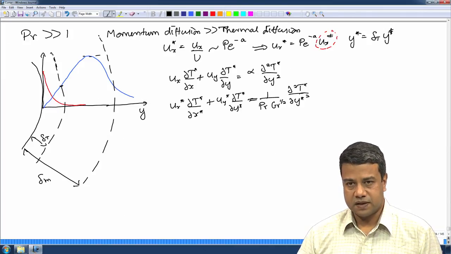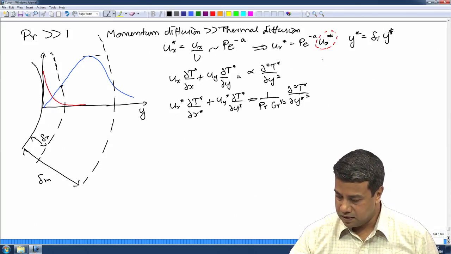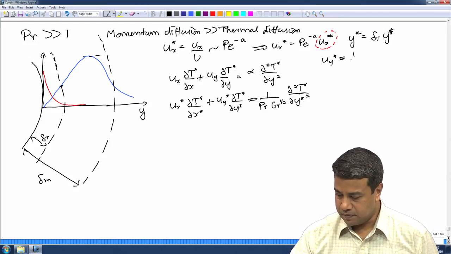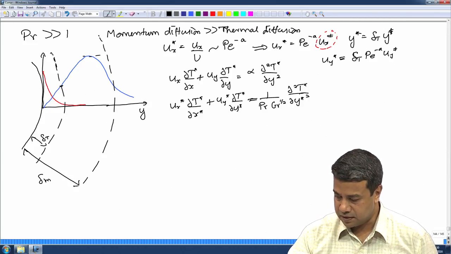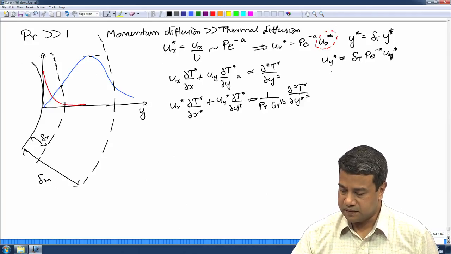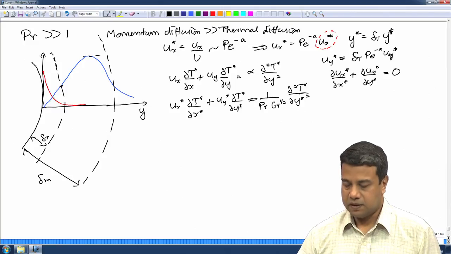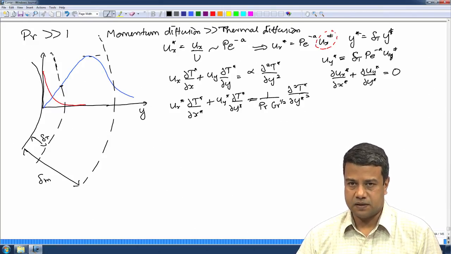Now, from the mass conservation equation, I know that uy star will be equal to delta t times Peclet number to the power minus a uy double dagger. The reason is because from the mass conservation equation I require that partial ux by partial x plus partial uy by partial y has to be equal to 0. Therefore, partial ux by partial x and partial uy by partial y have both got to be of equal magnitude.